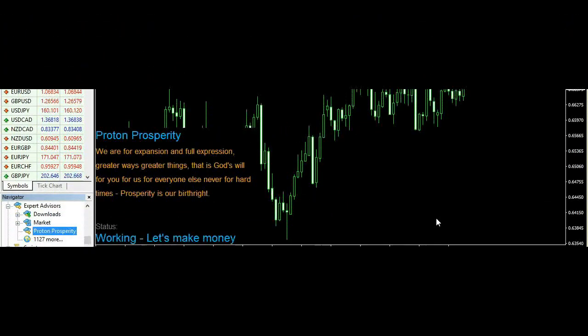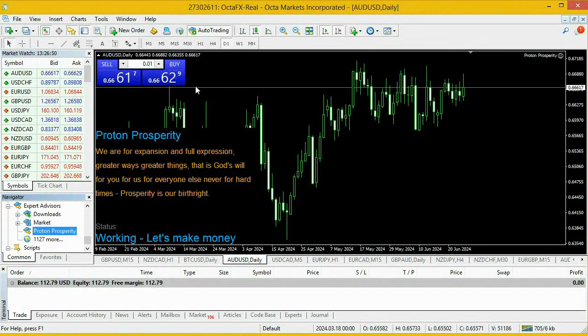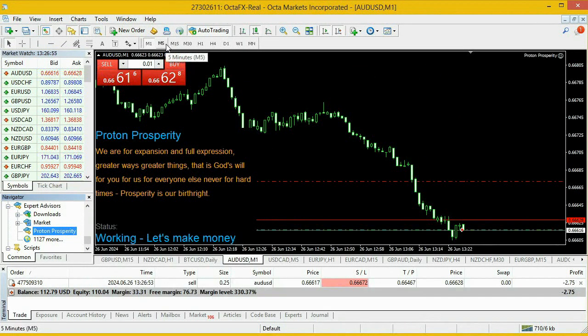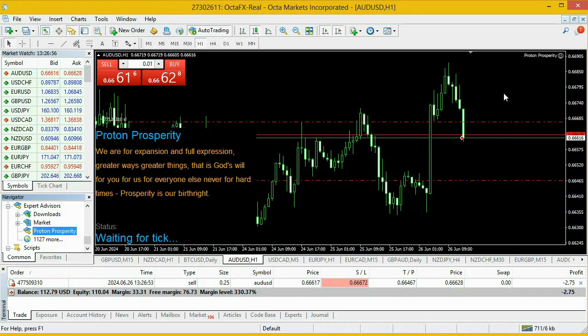Moving forward, our next trade is on the Australian dollar and US dollar currency pair. Sell position executed. Our stop loss and take profit.